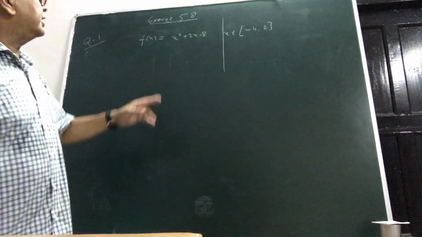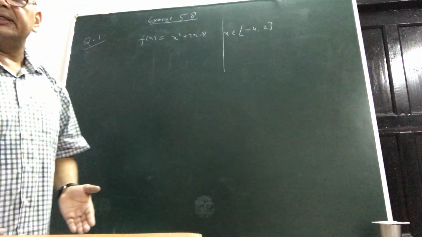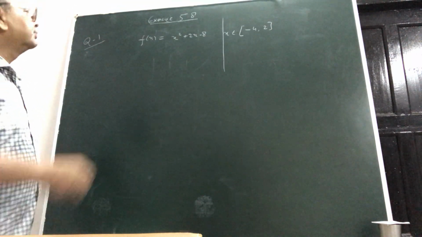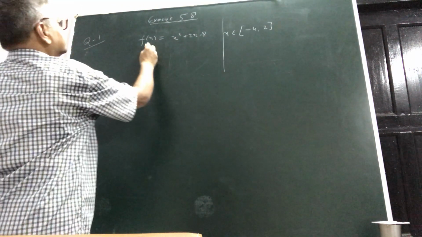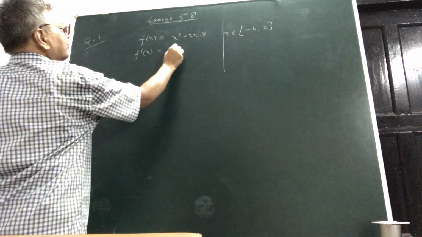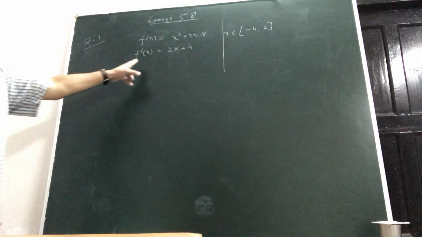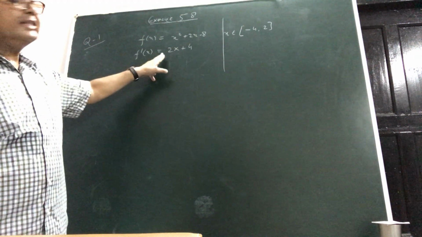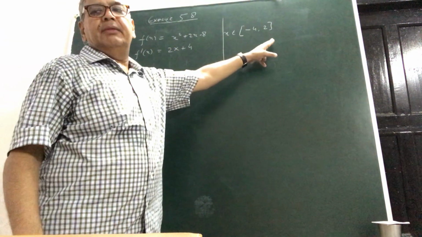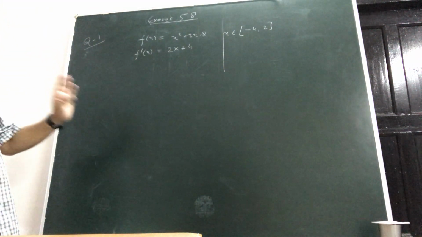And what is the domain of this polynomial? The entire real line. This we have already learned earlier. So this is continuous, and f dash x, the first derivative, will be nothing but 2x plus 4, which is also a polynomial, so it is differentiable in the open interval minus 4 to 2. So that condition is also satisfied.